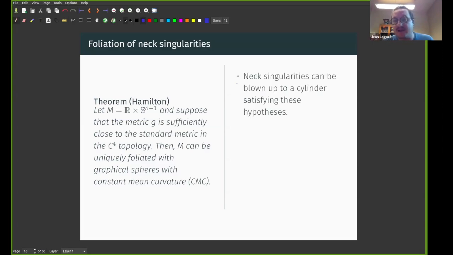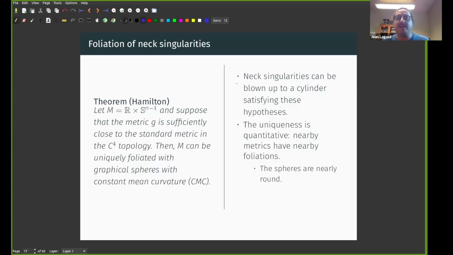So the idea is that these neck singularities that we've seen before, if we rescale them so that the radius of the neck is of size about 1, so you basically divide by the mean curvature, then in some sense this blow up will look like a cylinder where the metric is in fact close, at distance 1 over the mean curvature before the blow up, to the standard metric.